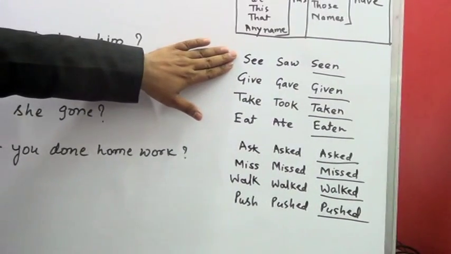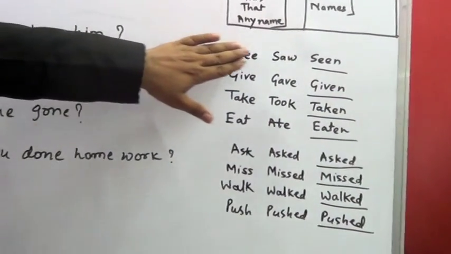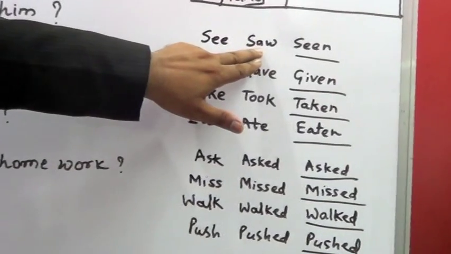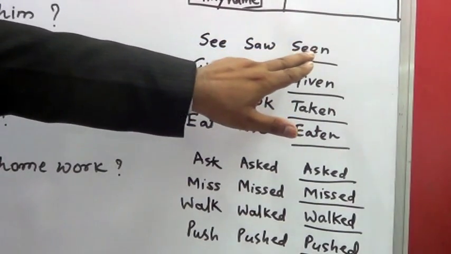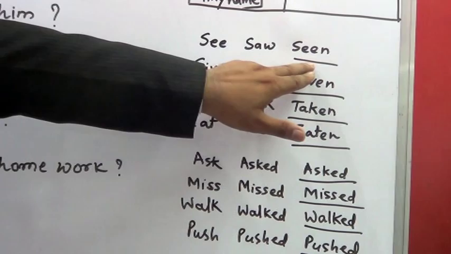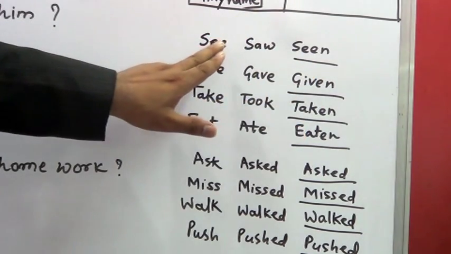Let's take an example. See, जिसका मतलब होता है देखना. See becomes saw in past tense, and in the third form it becomes seen, which is totally different from see.